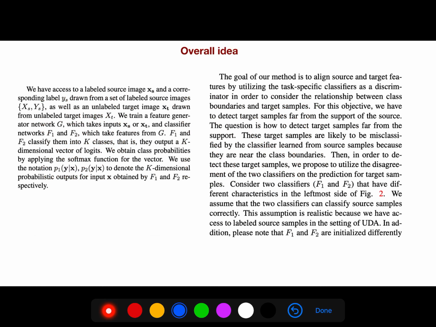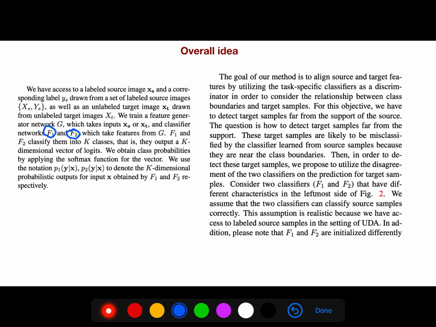We have access to a labeled source image and a corresponding label drawn from a set of labeled source images, as well as an unlabeled target image drawn from unlabeled target images. We train a feature generator network G which takes inputs x sub s or x sub t, and classifier networks f sub 1 and f sub 2.